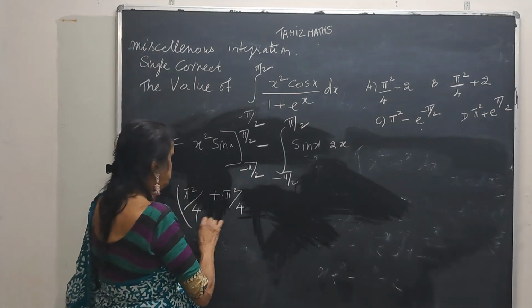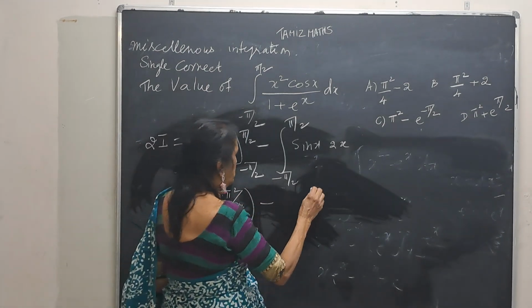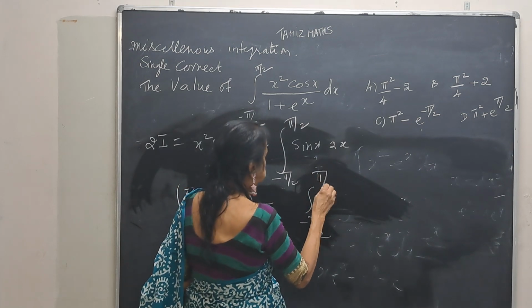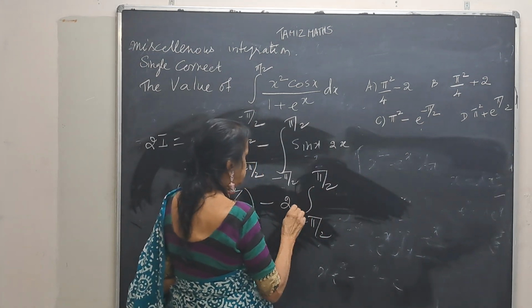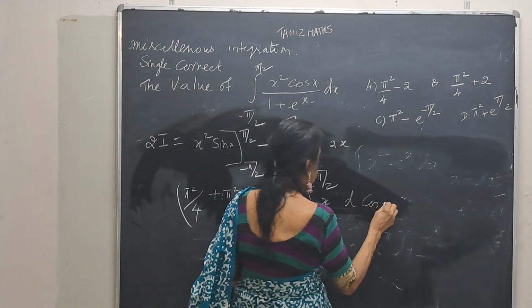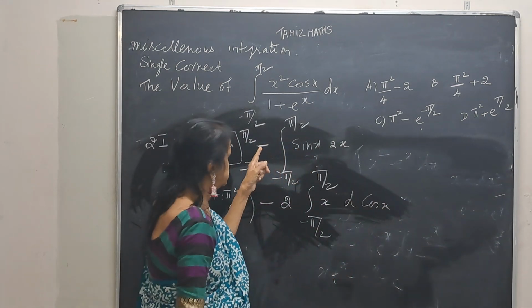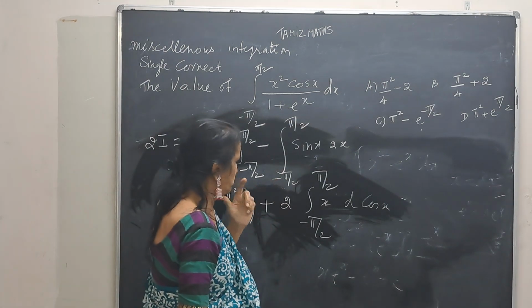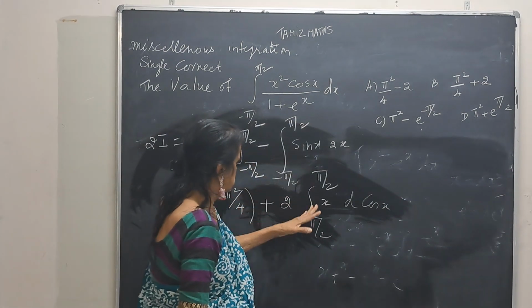Then this will be the first one, minus integral from minus pi by 2 to pi by 2. Take 2 outside, x. What is differential of cos x? Derivative of cos x is minus sin x. So I will put plus here.